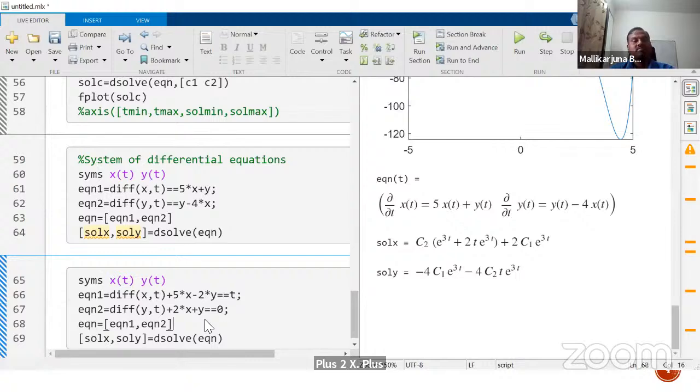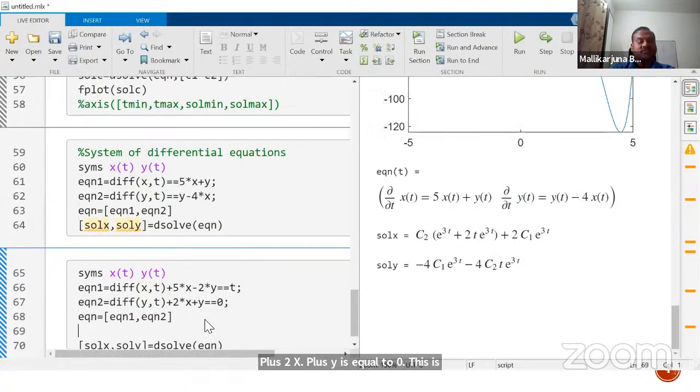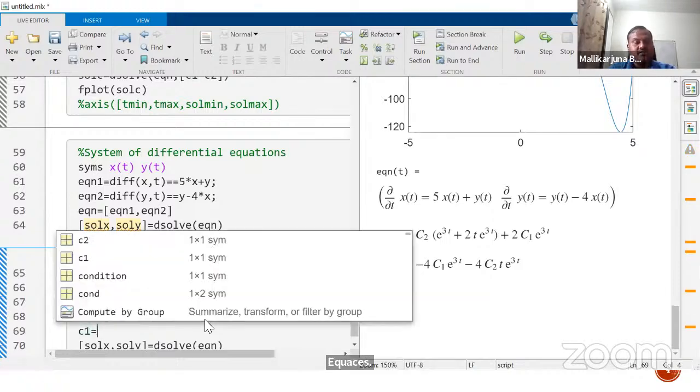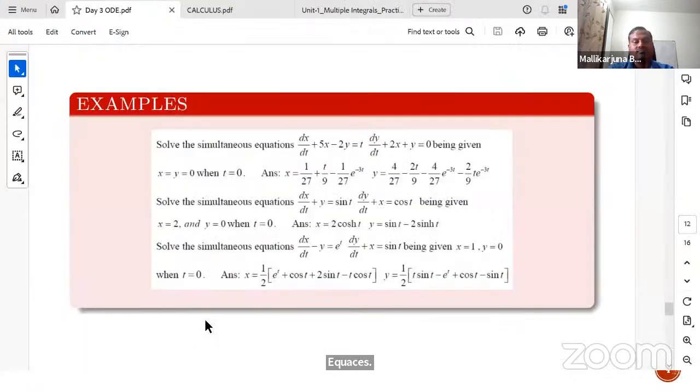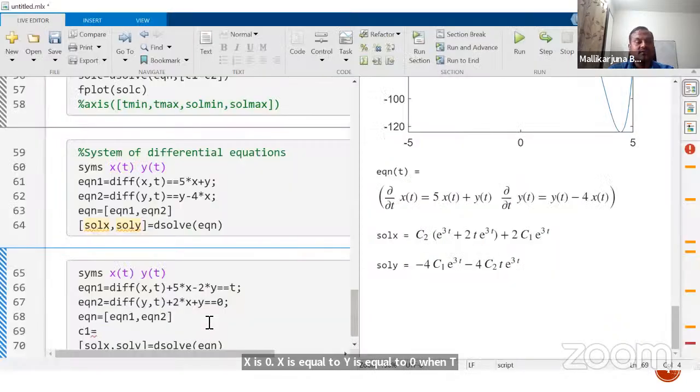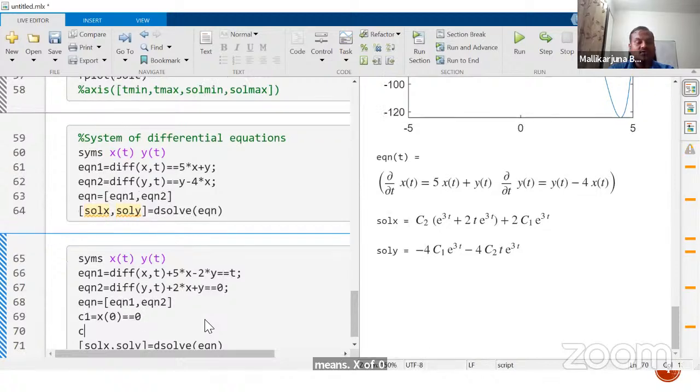These are the equations. Next, the conditions. x is equal to y is equal to 0 when t is 0. That means x of 0 is equal to 0, and y of 0 is equal to 0.